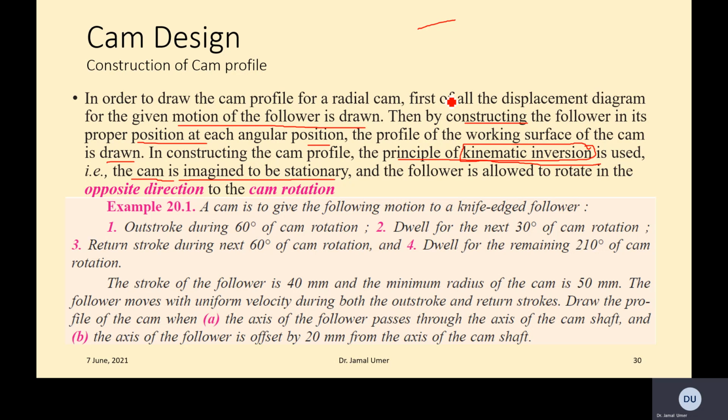Since both have relative motion, you can do it one way or the other. The follower rotates in the opposite direction to the cam rotation. So this is one of the inversions we can do.